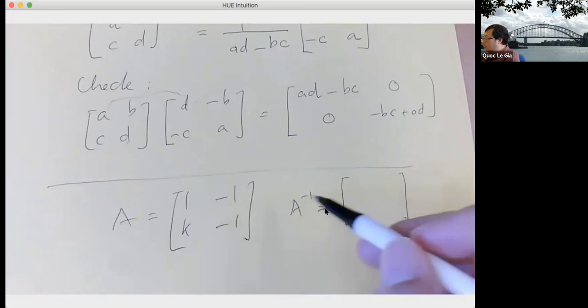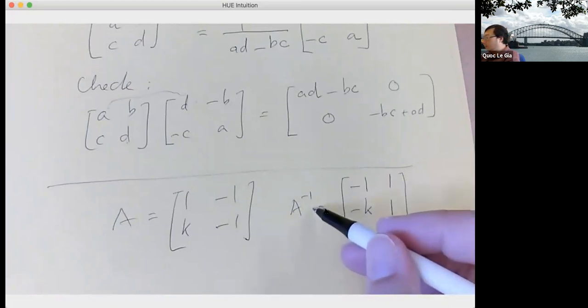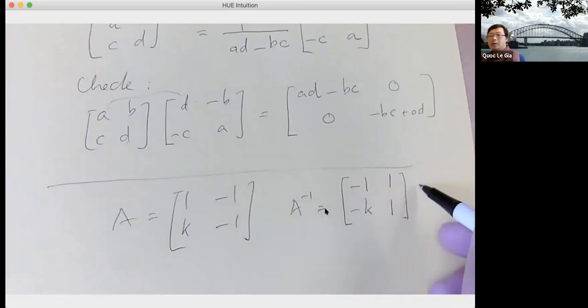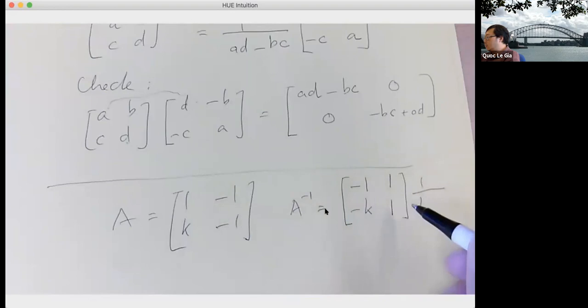So minus 1 comes here and 1 comes here. Yeah. And we negate the off diagonal, so it becomes 1. This one becomes minus k. And do not forget to divide by the determinant. So the determinant is minus 1 minus k. So yeah, A inverse is just this matrix.